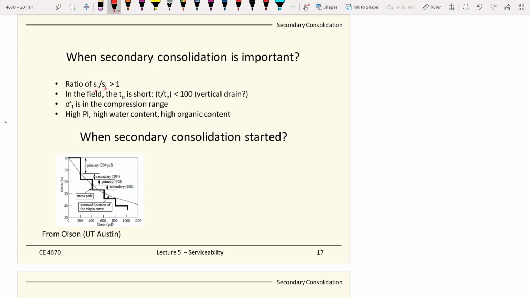If you design a structure that will last many years, in terms of hundreds or even a couple hundred years, then for sure you need to look at secondary consolidation.